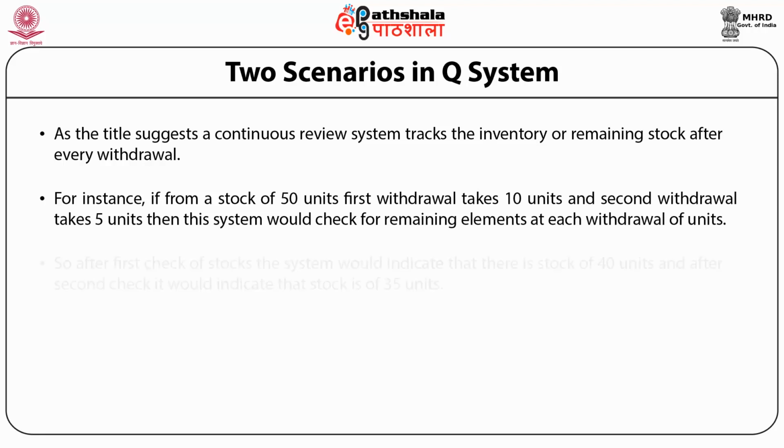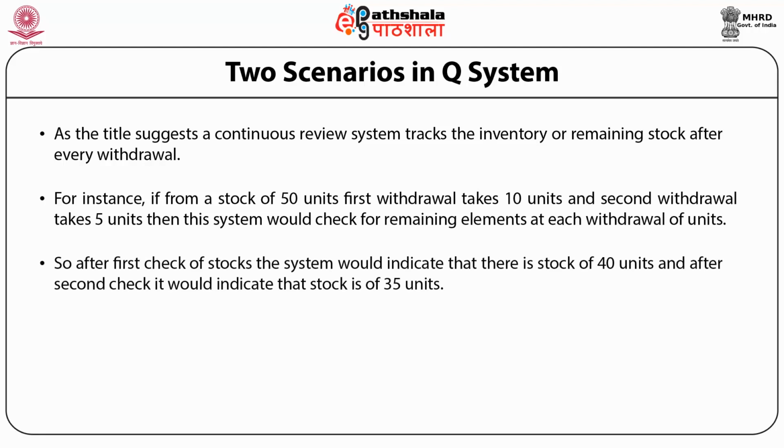So after the first check of stocks, the system would indicate that there is a stock of 40 units, and at the second check it would indicate that stock is 35 units.